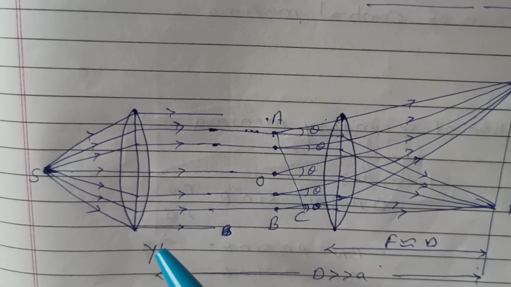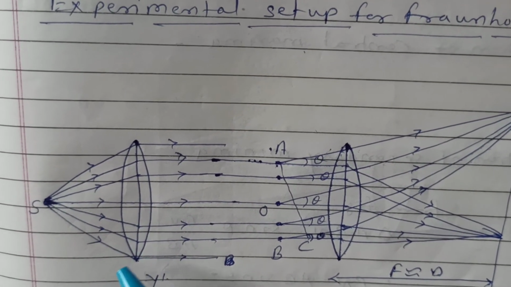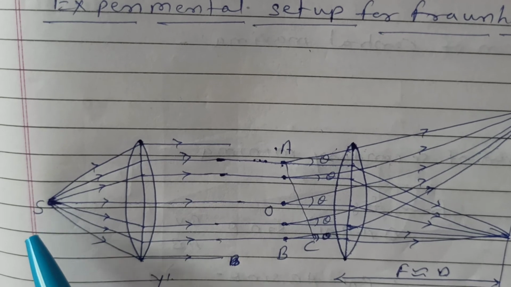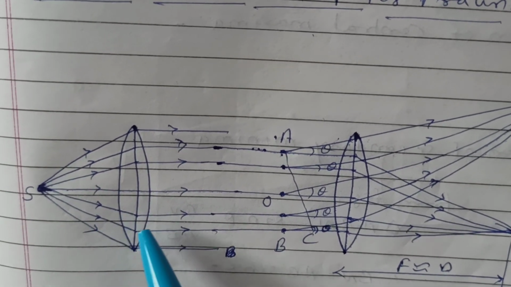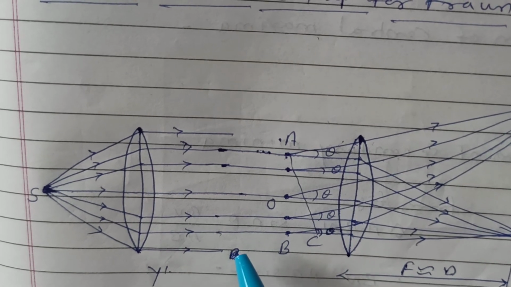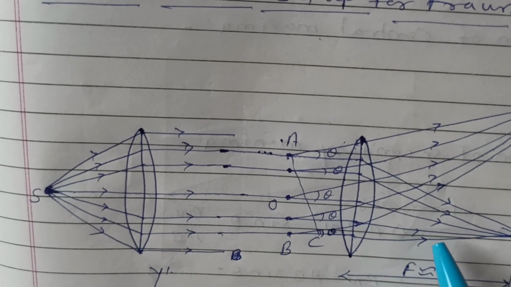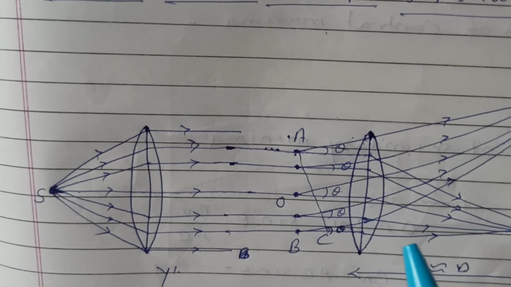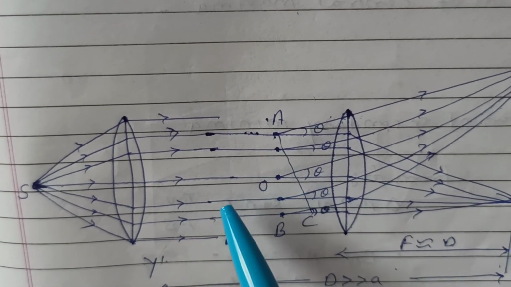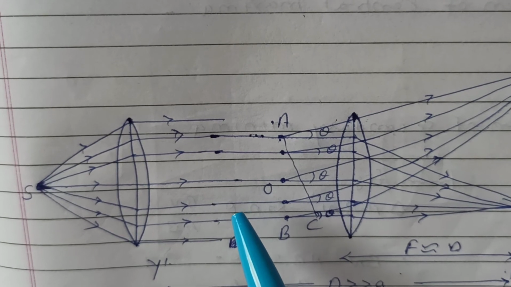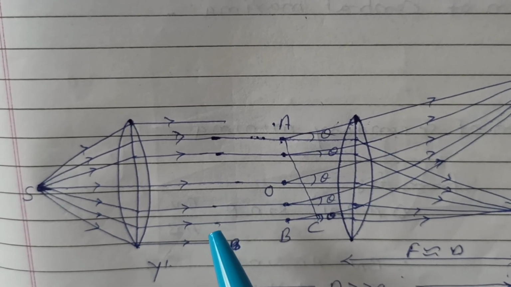The setup for Fraunhofer diffraction has a monochromatic source of light S at the focus of a converging lens. The emerging beam consists of plane parallel rays, resulting in plane wavefronts. These are incident on diffracting elements such as a slit, a circular aperture, or a double slit.